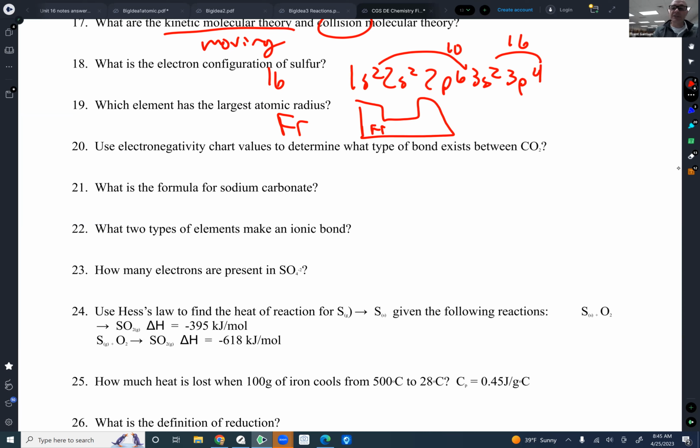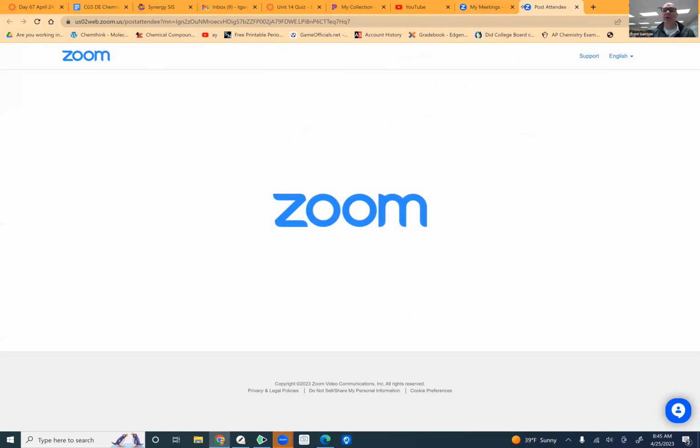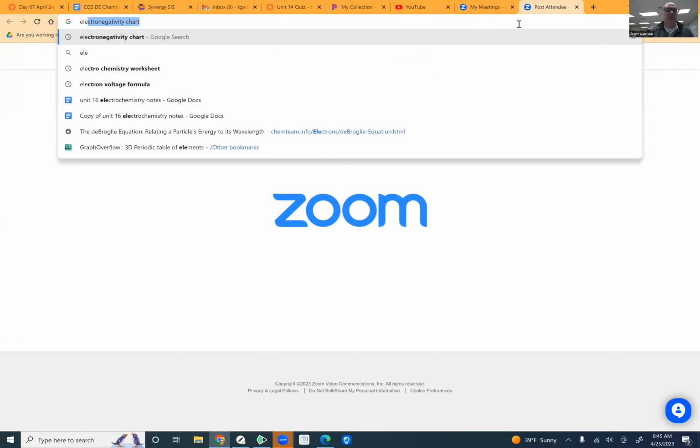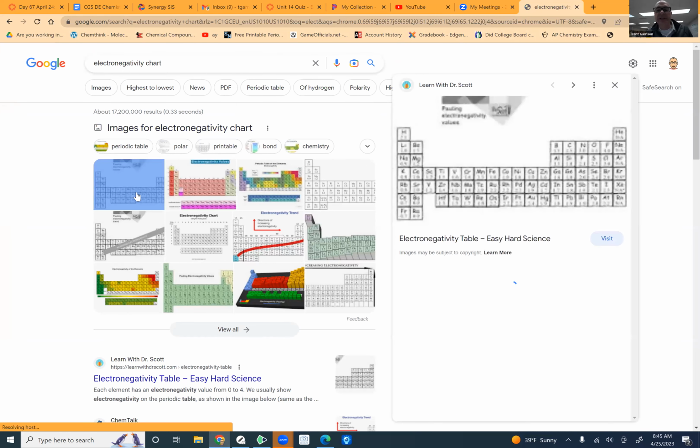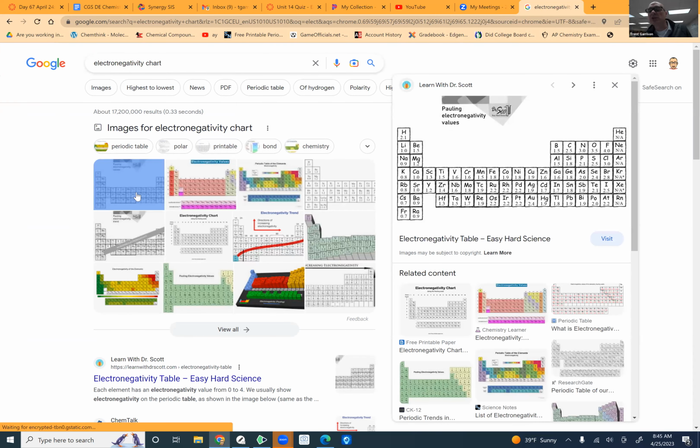The electronegativity chart for CO2. So what we've got here is if we look up the value for C, I will look that up. It would be provided to you on the test. Electronegativity chart. Carbon has a value of 2.5.